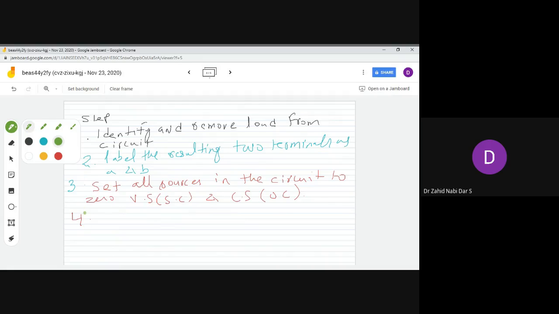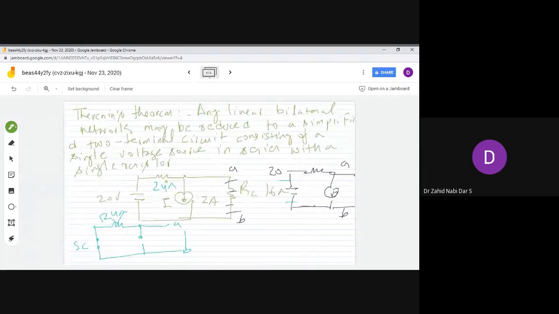So now you have to determine the Thevenin equivalent resistance R Thevenin. In this case, you see there is only one source, so R Thevenin naturally comes out to be 24 ohm.